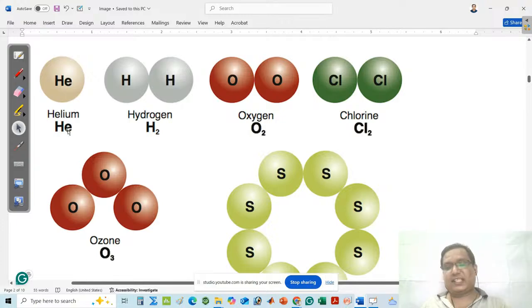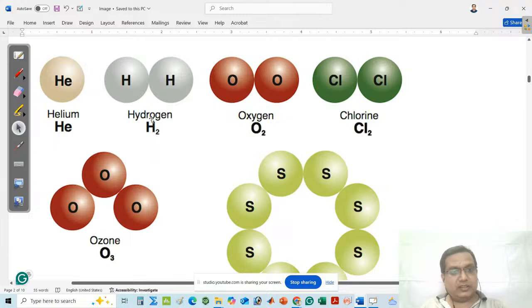It is not necessary to write He2. If you write He, then it can show that it is an atom or molecule. Depending upon the situation, you can consider that it is an atom or molecule.